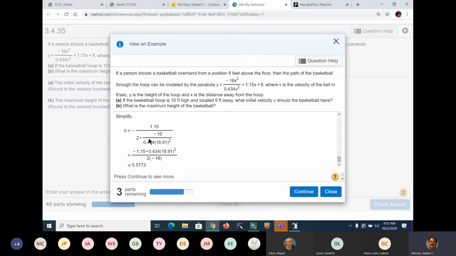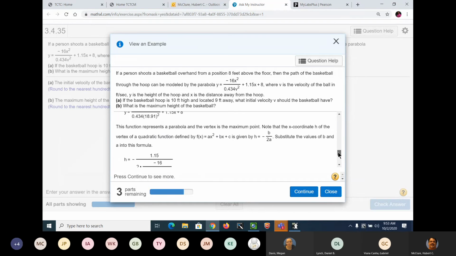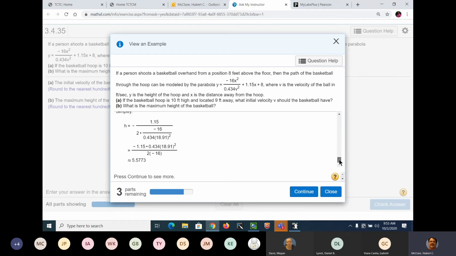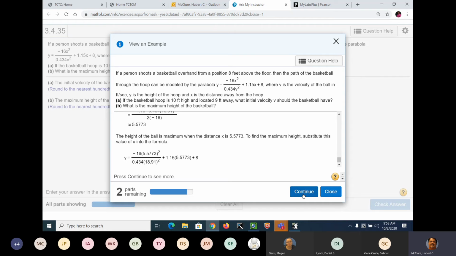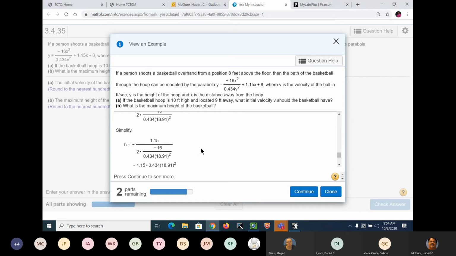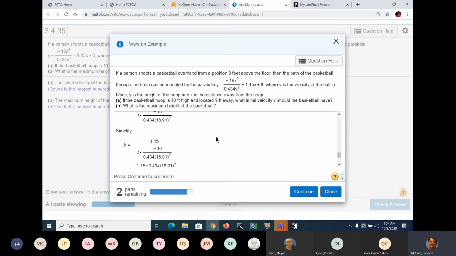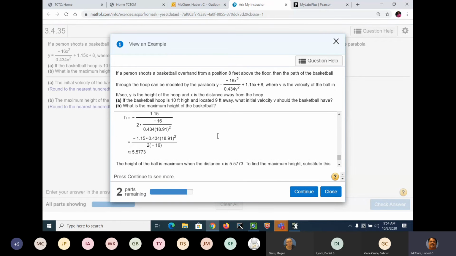Well, wait a minute. Wait a minute. Okay, they're using a quadratic equation to find their vertex. That's what they're doing. So their vertex, we should have got, okay, their H for their vertex is 5.57.